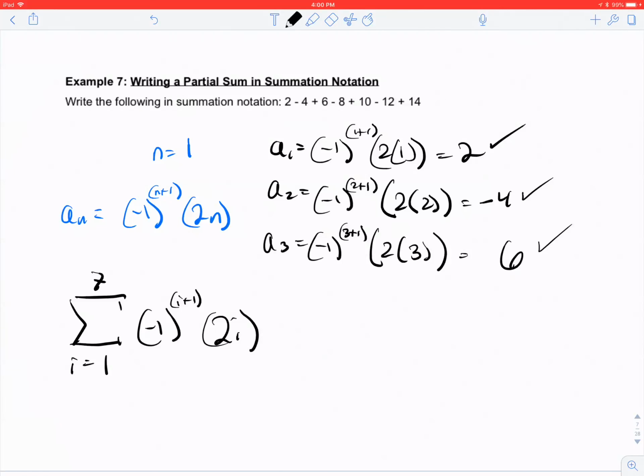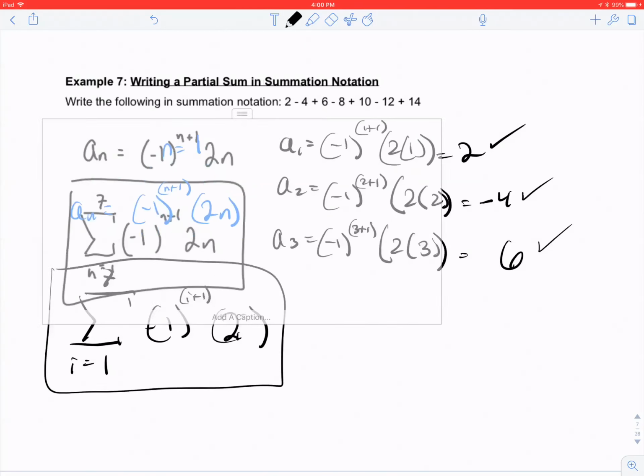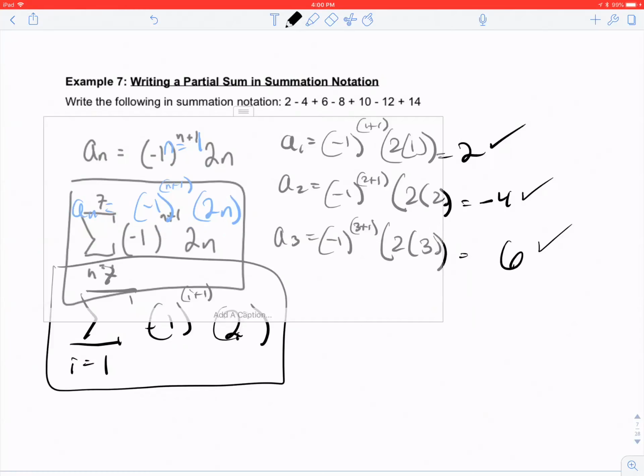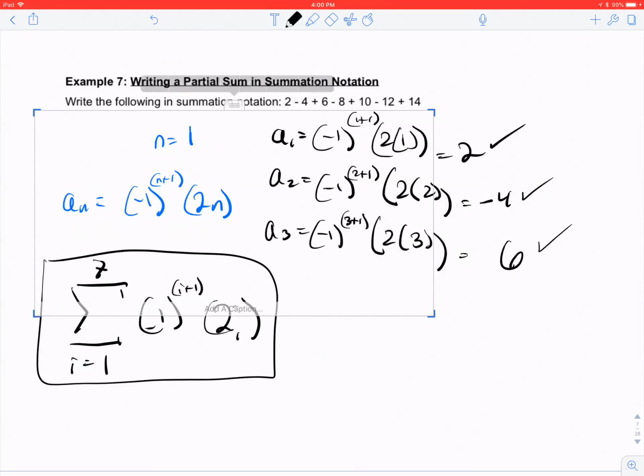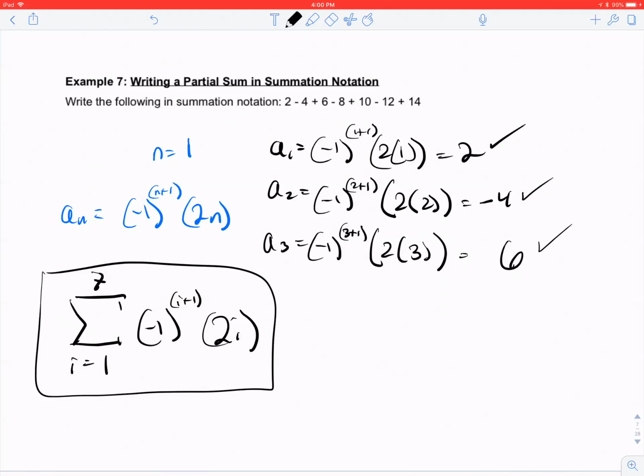Now we plug in a 1 and get our result, then plus the next one, plus the next one. I think this should be it. Let me check my old notes: (-1) to the i plus 1, 2i. Okay, this is good. So this will do the nth partial sum.